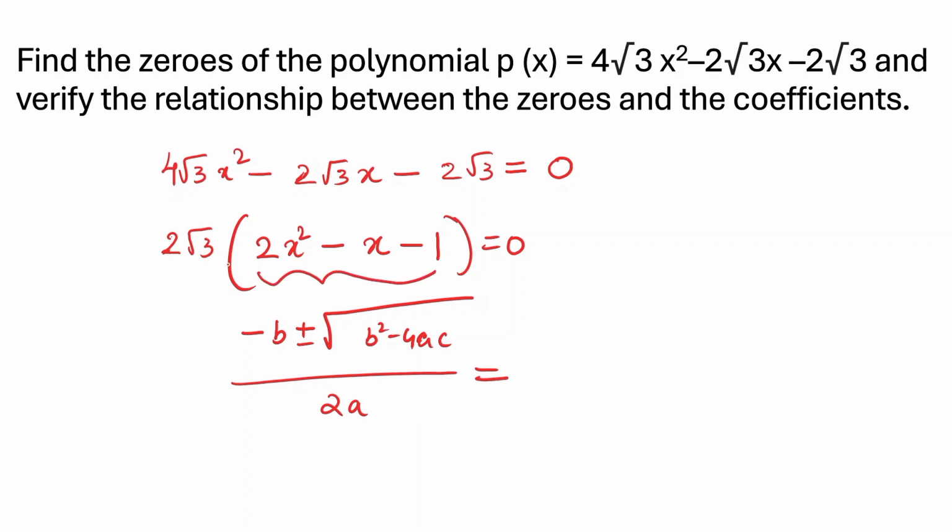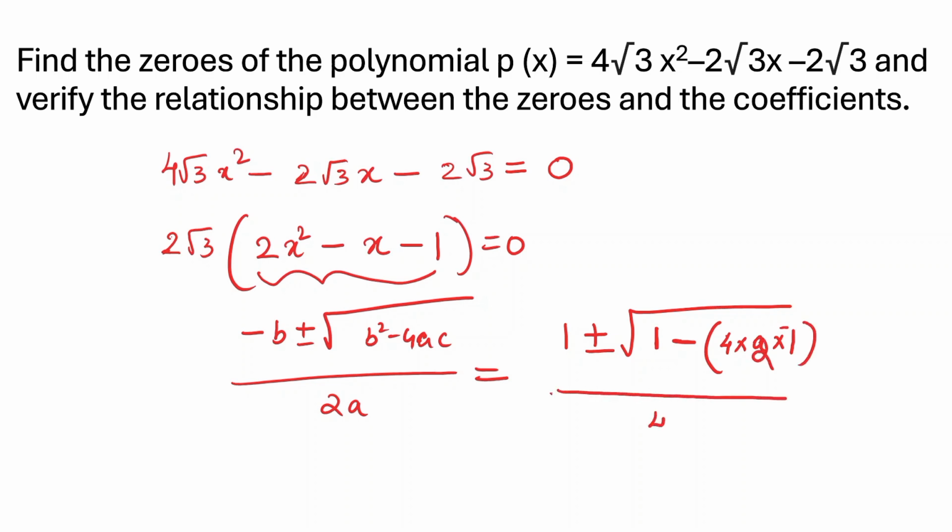Minus b is 1 plus or minus root of b square, 1 square itself, 1, minus 4ac, 4 times a is 2 times c is minus 1, right? A is 2, whole divided by 2 times 2, 4. So 4 twos are 8, 8 times minus 1 is minus 8, 1 minus minus 8 is 1 plus 8, 9.